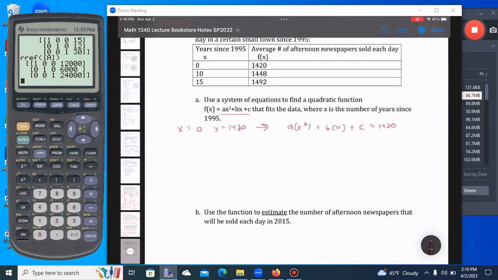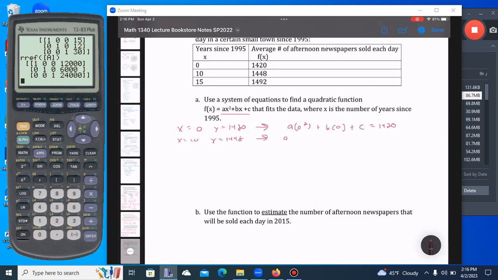This actually isn't that bad to do by hand if we wanted to, because we already know what c is, if you just look at it. But it's a good way to check it too. Next one, x equaling 10, y equals 1448.